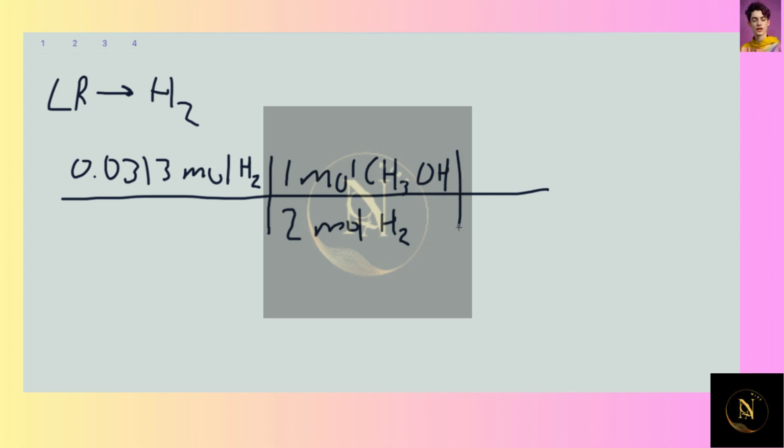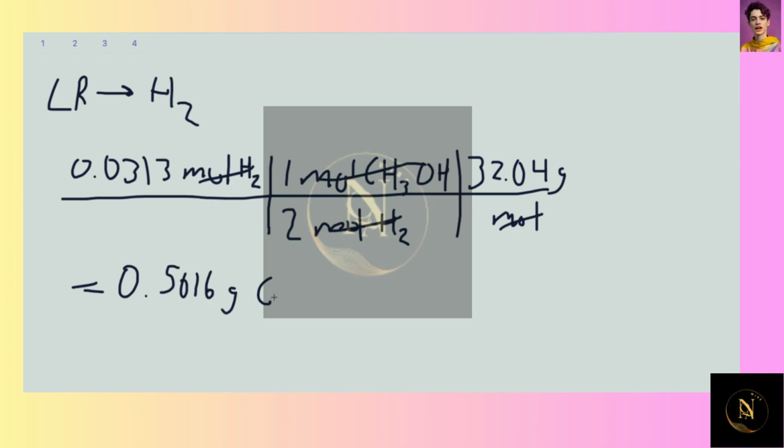We can then take the molar mass of methanol, 32.04 grams per mole, to convert this into grams. When we do this, we get that the theoretical yield is 0.5016 grams of methanol. And that is our final answer.